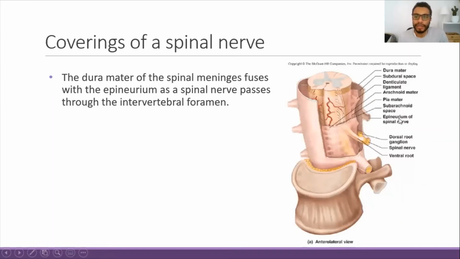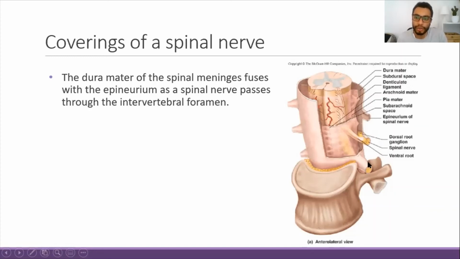When we take a look at these coverings, we have the meninges here, right? Because this is the spinal cord, and we have meninges covering the spinal cord. I want to call your attention that the dura mater, the most external meninge, will exit here at the level of the intervertebral foramen.